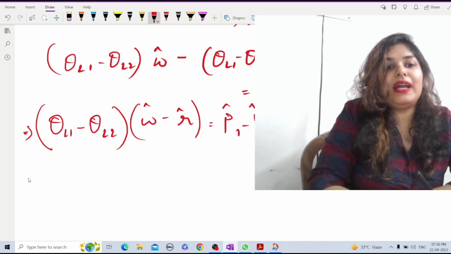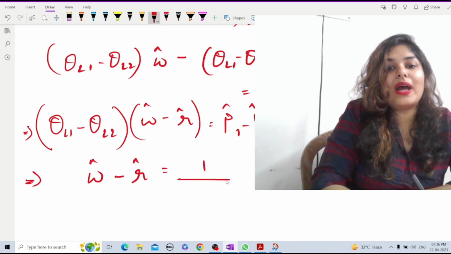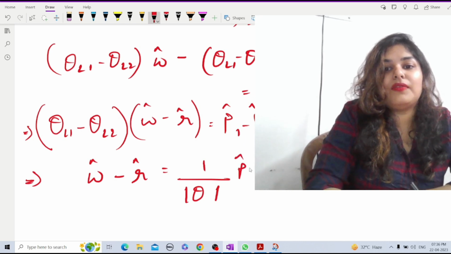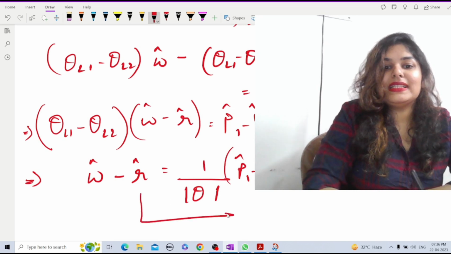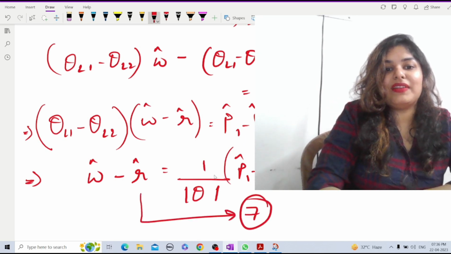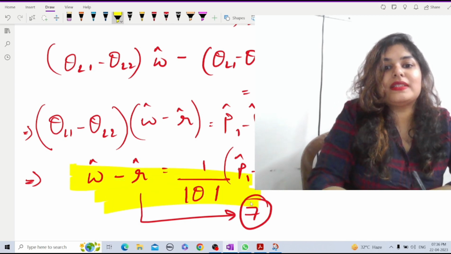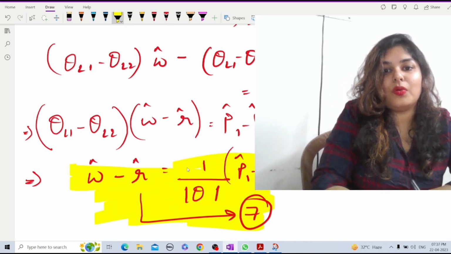Now let us put the value of the determinant here. That is, we get W hat minus R hat is equal to 1 by the determinant of theta into P1 hat minus P2 hat. So let's say this is equation number 7. Now using this, we are going to prove the Stolper-Samuelson theorem. How?